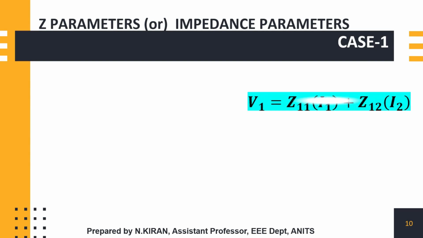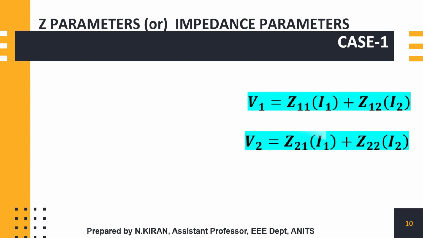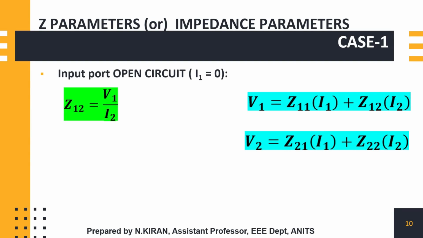First let us consider the first case, that is the input port is open circuited. When I consider I1 to be 0, these two terms become 0. So I will get the value for Z12 to be V1 by I2.